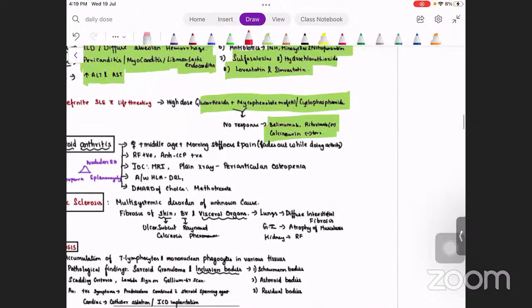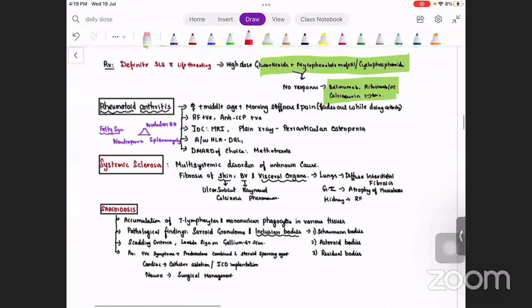Then you have rheumatoid arthritis. Female, middle age, morning stiffness and pain are classical symptoms of rheumatoid arthritis. Apart from that, nodular rheumatoid arthritis, splenomegaly, and neutropenia, that is Felty syndrome.